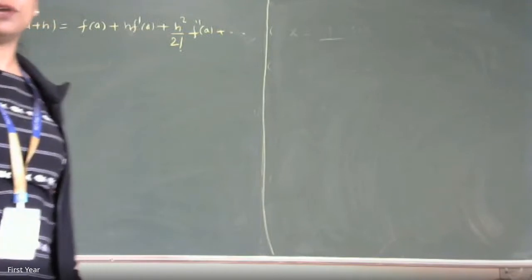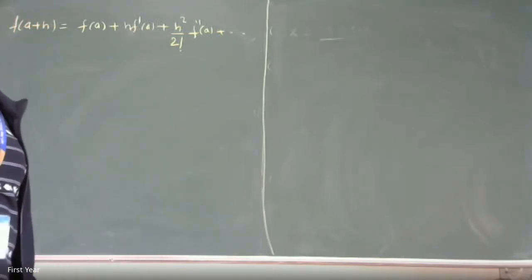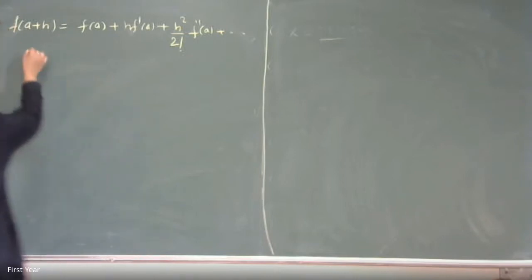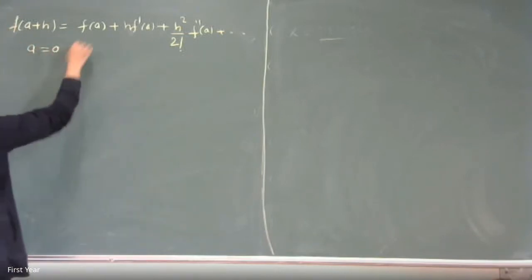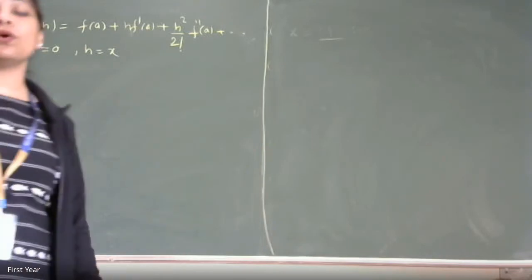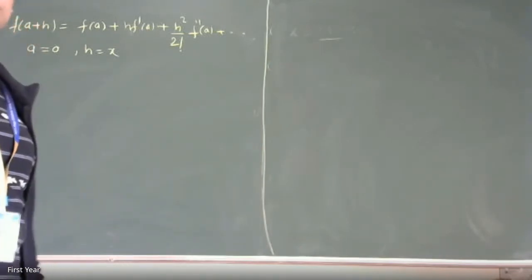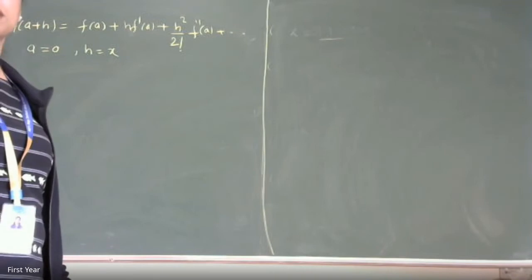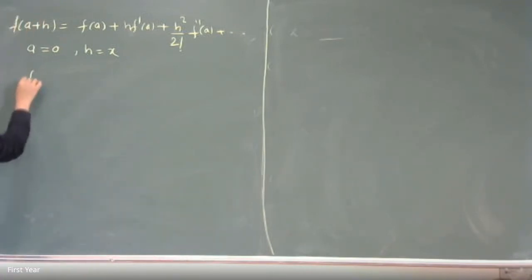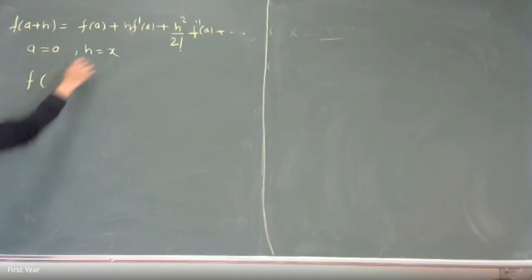In this, what do we do? We put a is equal to 0 and h is equal to x to get the Maclaurin series expansion. So what will it become? Just see now, this will become f of 0, h is x.